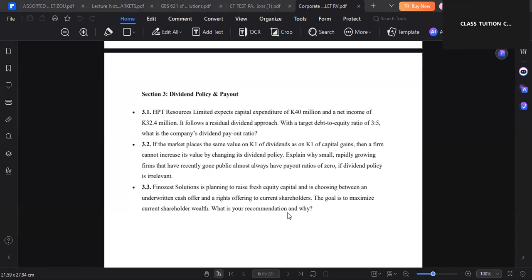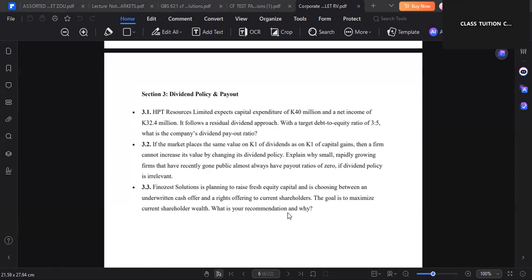What is the underwritten cash offer? This is where shares are sold to the public and new investors can buy, and the existing shareholders may lose control. It may dilute their absolute control. And there's also what we call the rights issue. The rights issue is a situation where you offer the existing shareholders the first chance to buy shares, usually at a discount.